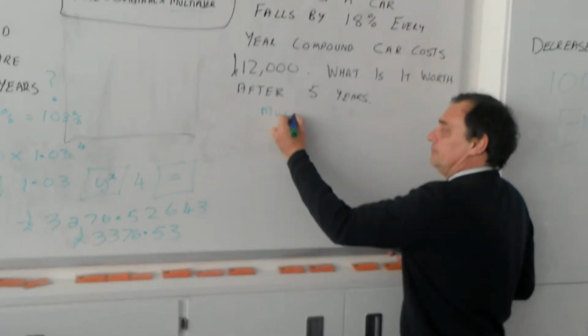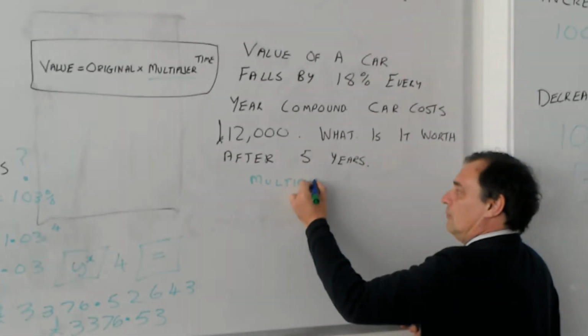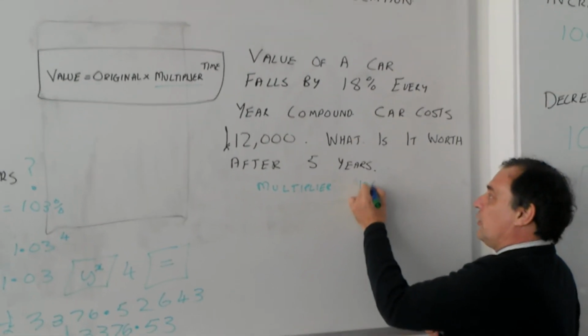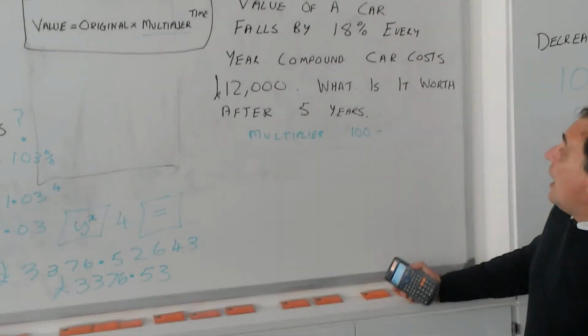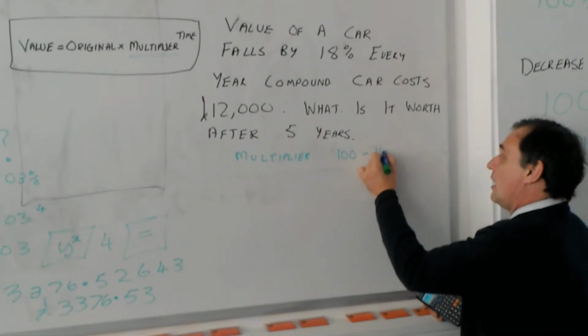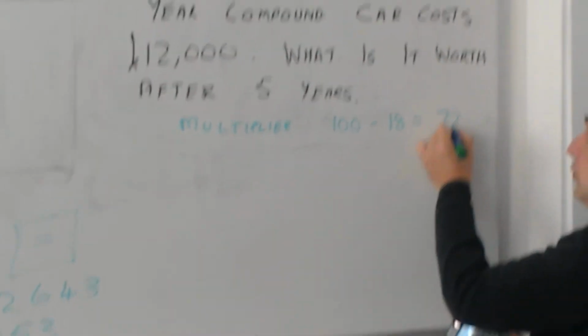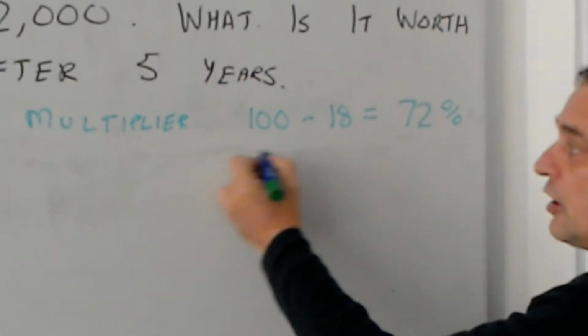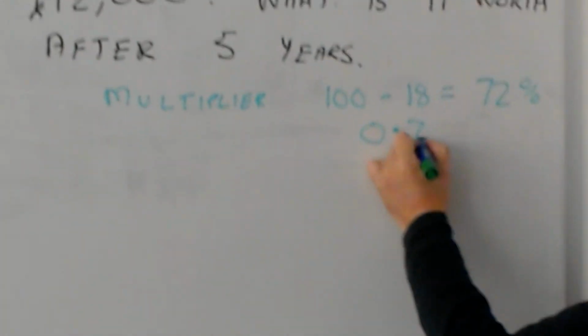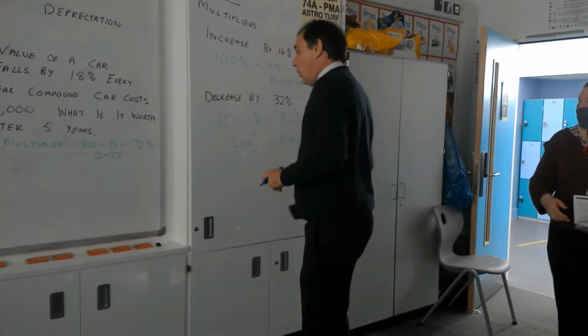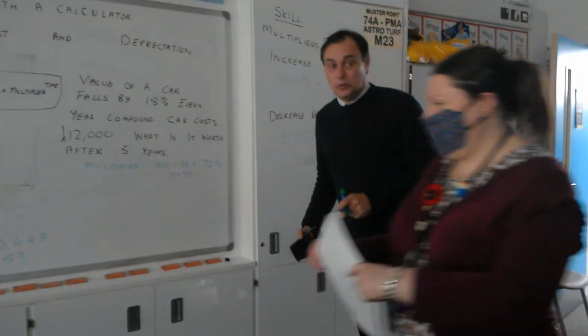The multiplier is going to be 100. Take away 18 gives us 72%. Converts to 0.72 as a multiplier. Remember the skill over there. Depreciation going down, multiplier 0.72.